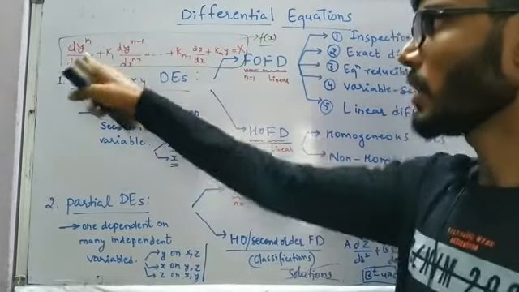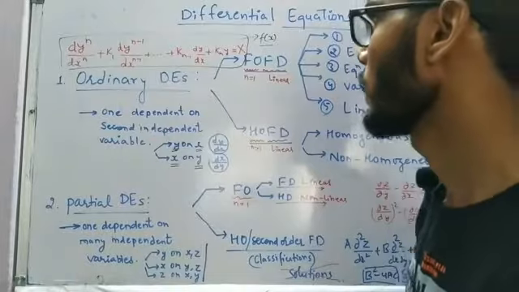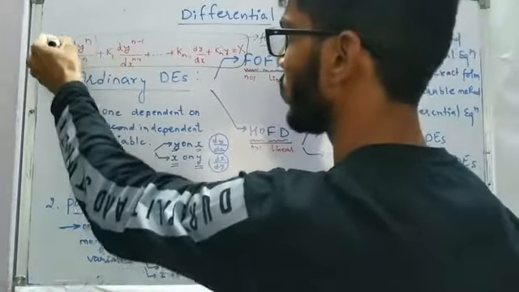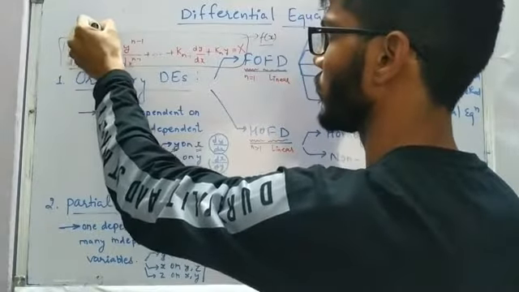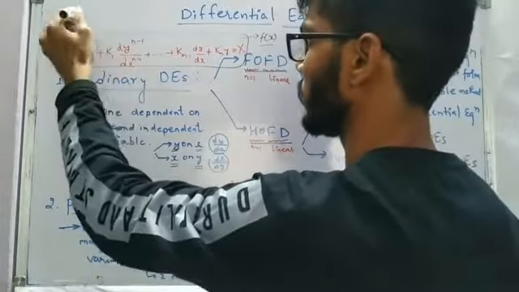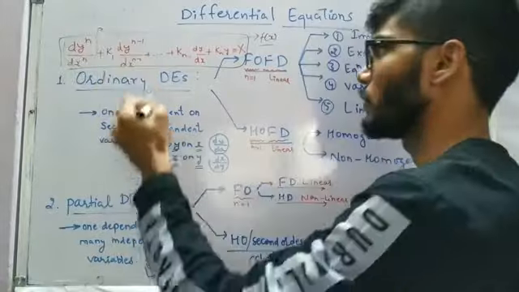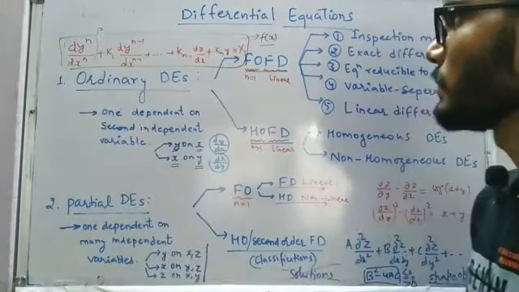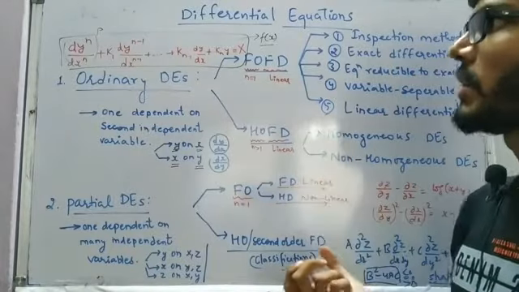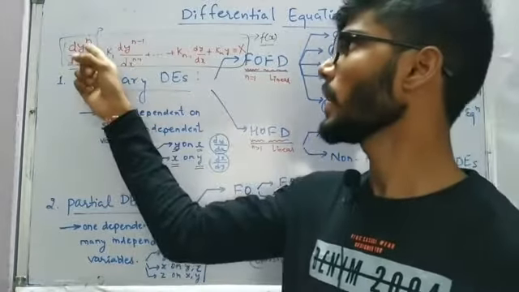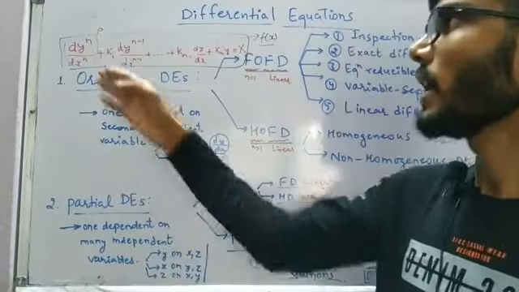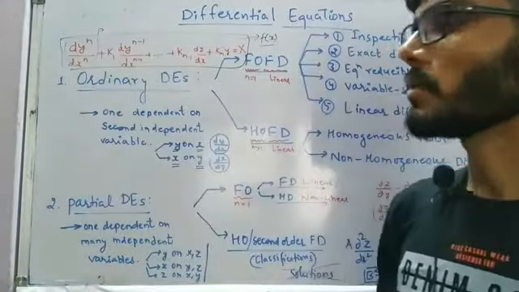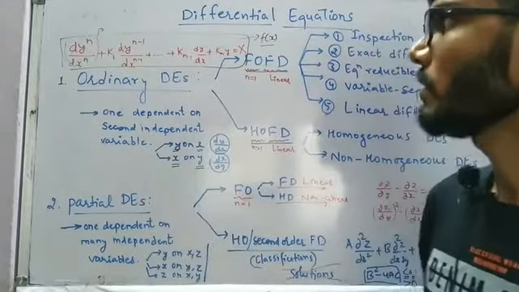Where n is going to tell us the order of differential equation, and the power of this particular term, let us say y, or let us say some other term p, is going to tell us the degree of the differential equation. So this term n is going to decide the order, and the power of the maximum order is going to tell us the degree of differential equation.